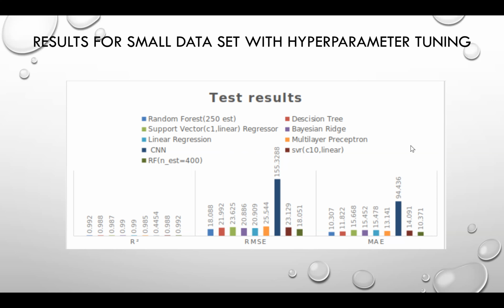Similarly, the hyperparameter tuning of the SVR with a linear kernel and C equal to 10 increased the R-squared to 0.988. Hyperparameter tuning of the random forest regression model for the whole data set increased the performance with an R-squared of 0.996.